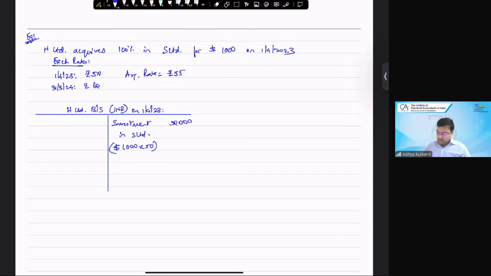Are you convinced with this? Yes. So now this rate will always remain the rate for the purposes of this instrument, because I have made this investment and this is the rate on the date of acquisition. This rate will always remain.